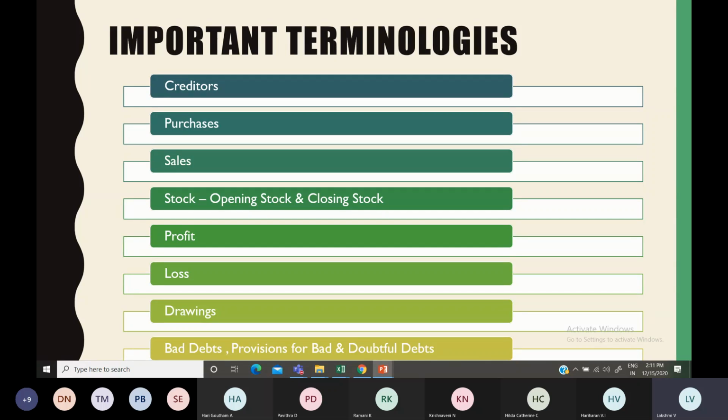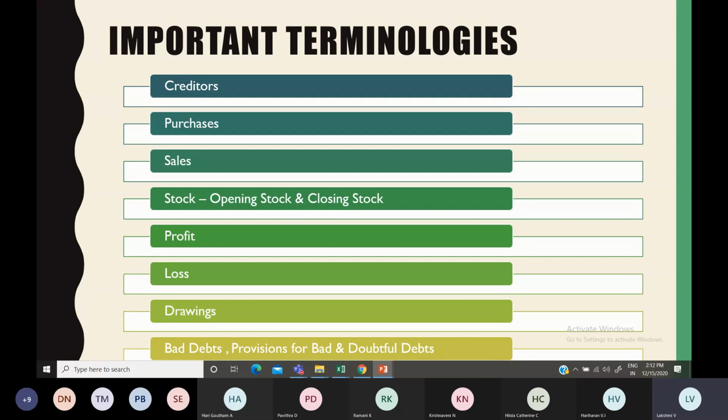And drawings. Drawings, we already discussed. If I am investing capital from my hand in my own business, even then, if I withdraw some amount for my family or personal use, that is considered as drawings. Drawings can be in the form of cash, or sometimes goods that we take for our own use. If I am running a supermarket, I might take some goods or grocery items for my family use.